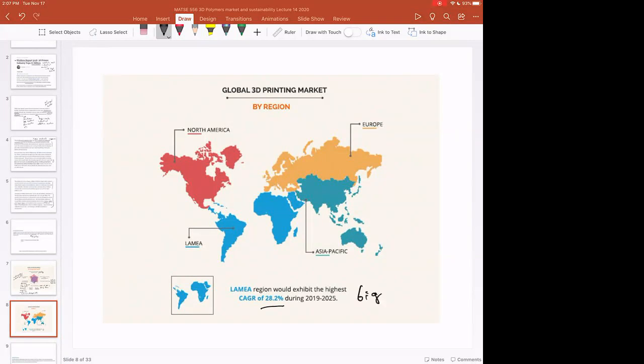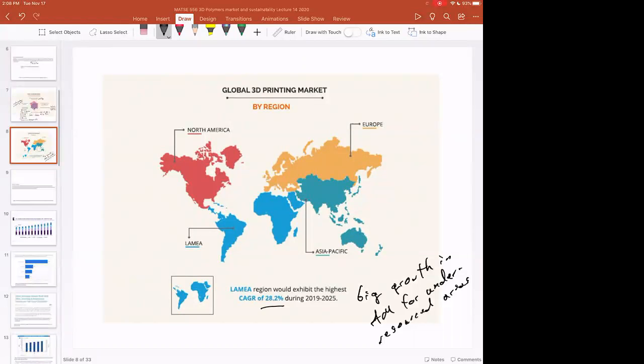So big growth in AM for under-resourced areas. So there's not lots of automotive factories in Africa, or there's not a big industrial base for manufacturing products, but that's an opportunity for additive, because the way that you build an additive manufacturing factory is different than how you might build a traditional factory. And so there might be a real opportunity to do innovative manufacturing in places that don't have a big manufacturing base right now. And again, this is part of the opportunity.